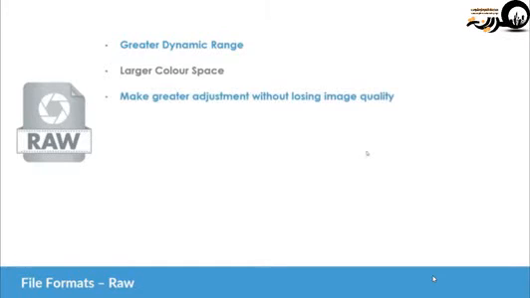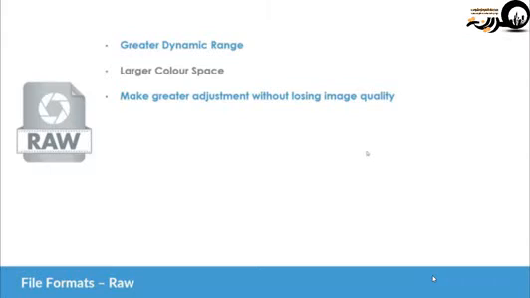This means the ability to recover detail from our shadows and our highlights is far, far greater than if we are shooting in a JPEG. It's a larger color space. Now this is a little bit technical for this stage, but basically it can replicate far more colors than a JPEG. It's got far more range, far more ability to produce higher quality colors compared to a JPEG file.